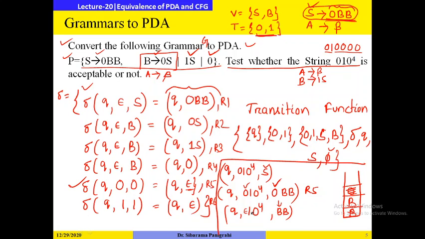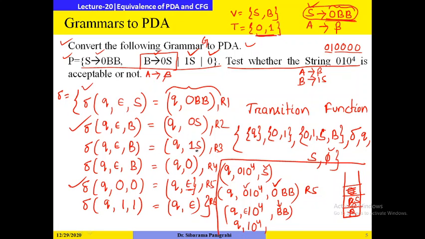So Q epsilon B. Which production can I use? I will write Q0S, so Q, 1, 0 to the power 4. In place of this B, I will write 0S. I pop this B and write 0S.